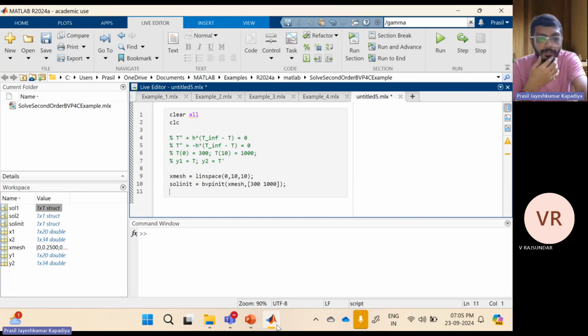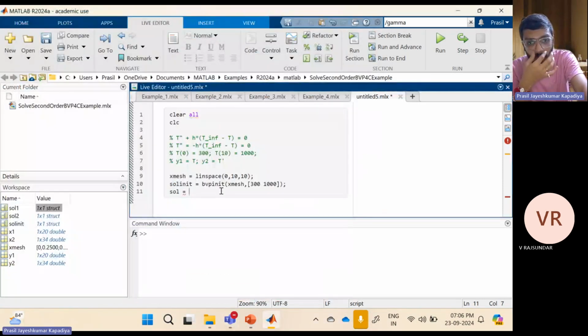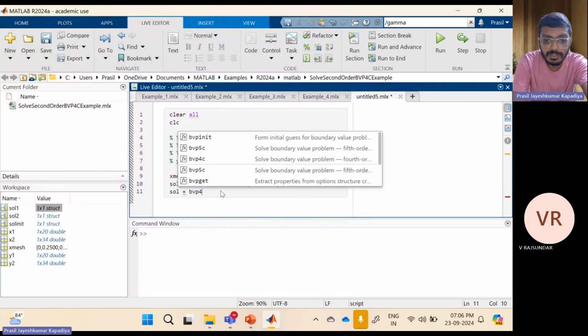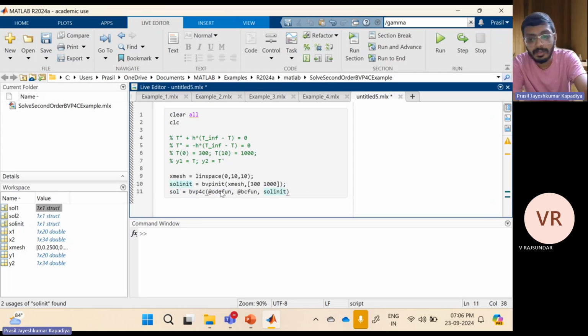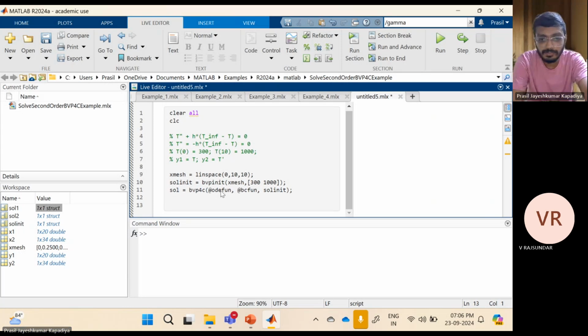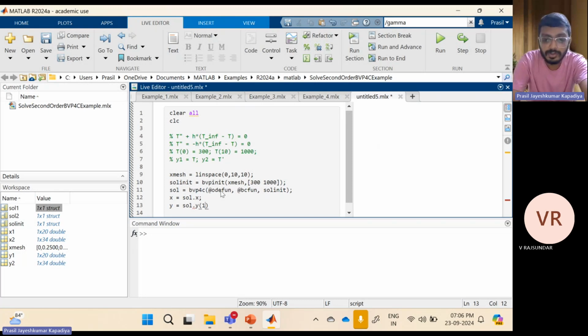Now my solution will be equal to bvp4c of @ODE function, comma @boundary condition function, comma solinit. So this is my solution. So my x will be equal to sol.x, and my y will be equal to sol.y, first row all columns.